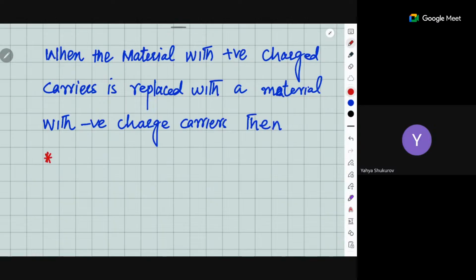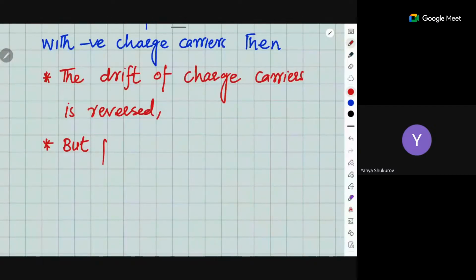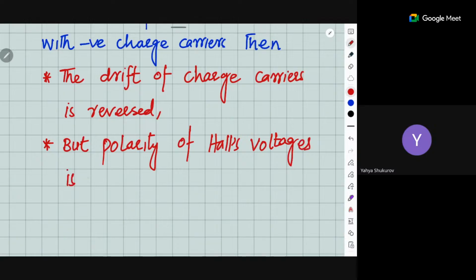I want to write that in the form of points. The drift of charge carriers is reversed, but the polarity of all voltages is unchanged. Or instead, you can say same.